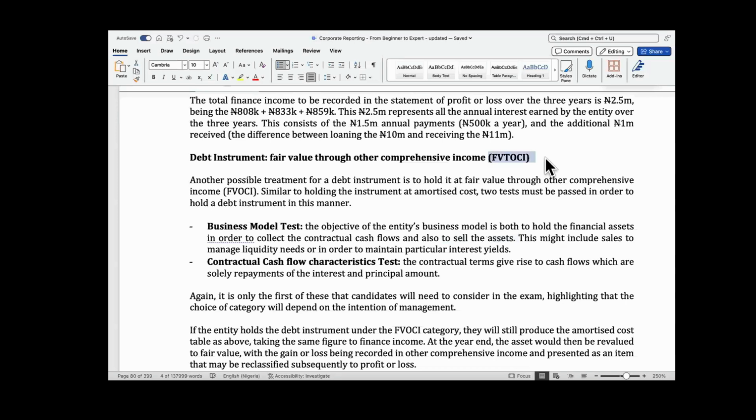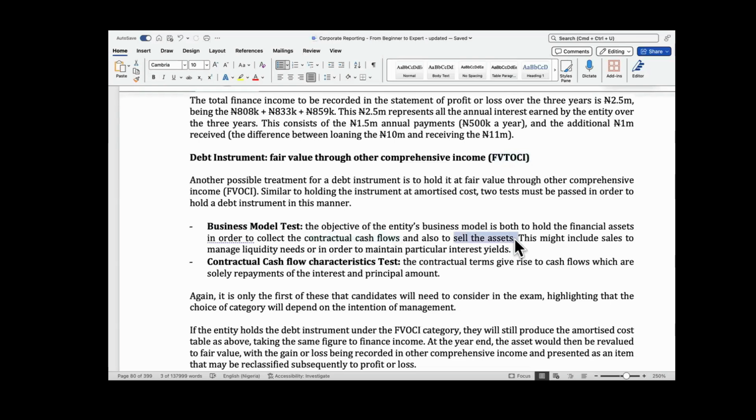So that's the major difference between fair value through OCI and amortized cost. For amortized cost, the business model is just to collect interest and principal. But for fair value through OCI, the business model is, in addition to collecting interest and principal, it also has the intent of selling.